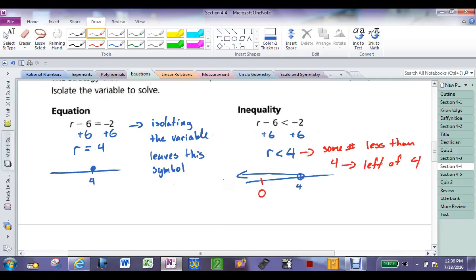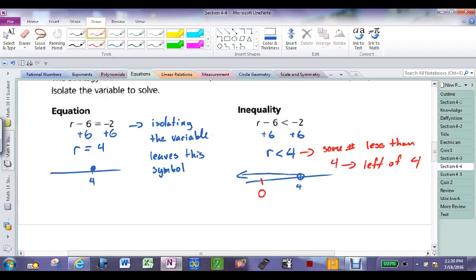No. Because that wouldn't include negative 1, 0, 1, 2, 3, and 4. No. All the numbers lower than 4. What's the first number that's lower than 4? 3. What is 3 minus 6?